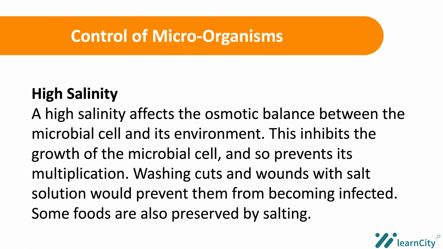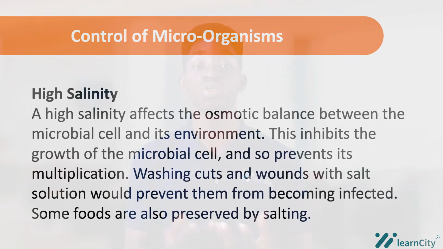So we can wash cuts and wounds with salt solutions to prevent them from becoming infected. That's one way we can kill microorganisms with high salinity. We could also preserve some foods by salting them, by adding salt. And that preservation is just us killing or inhibiting the growth of some microorganisms with high salinity, with salt.